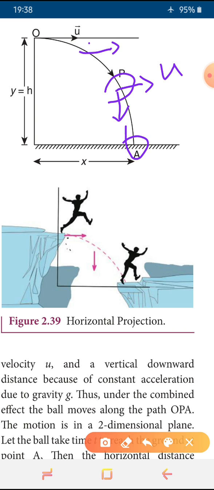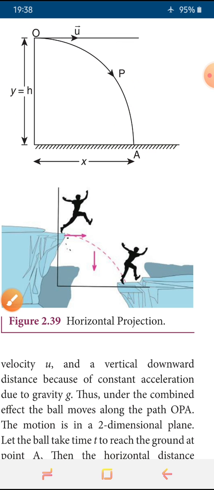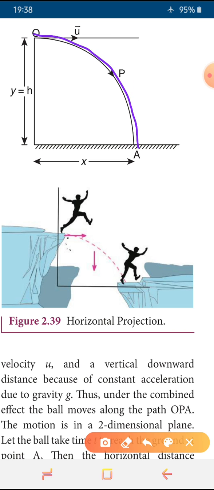And now in this first diagram, say the object is placed at a height of h, that will be taken for displacement. So it is the starting point, we are throwing the object in a parabola, it reaches the point A and the path is OPA. So what is the path it is giving? It is giving the path OPA, and from the ground this A is at a distance of x.